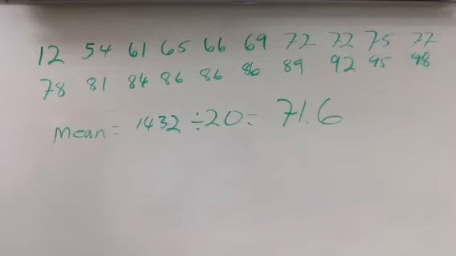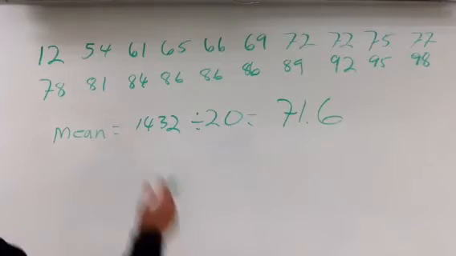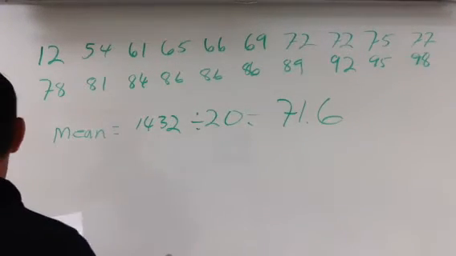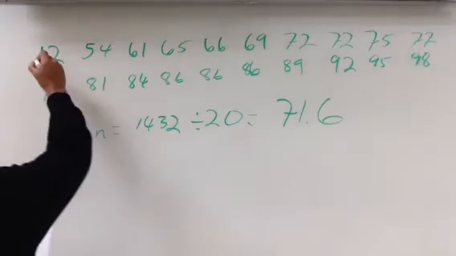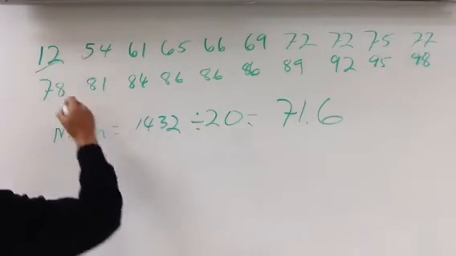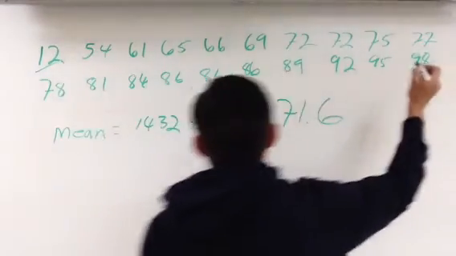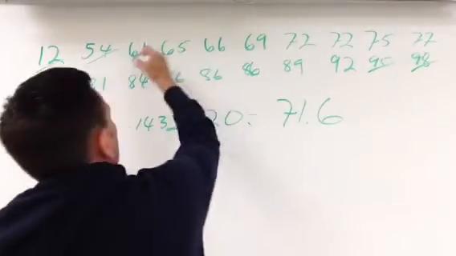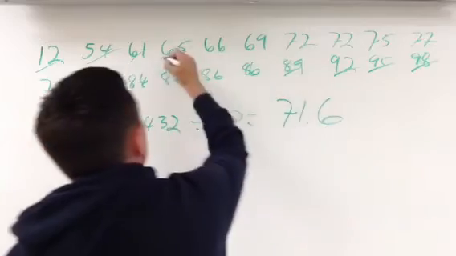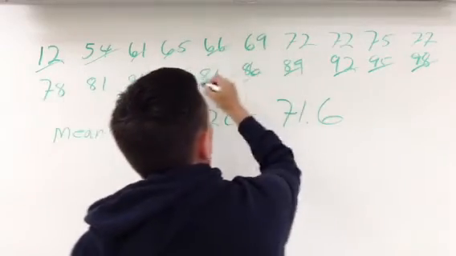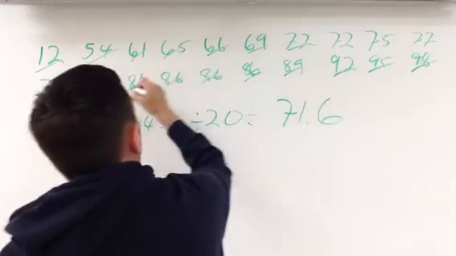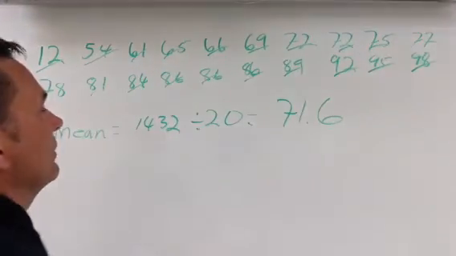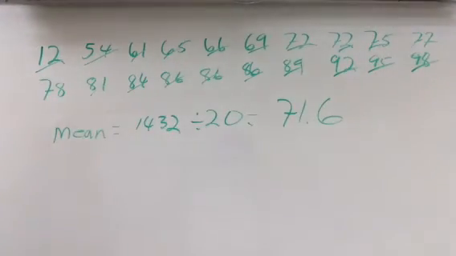The median. We have to go through, and the best thing to do that I've learned is to start crossing things off as you go. So you have the low one, which is 12. High one's 98. Next one's 54, 95. And we continue to do this until we're down to, in this case, 2 numbers or 1 number.